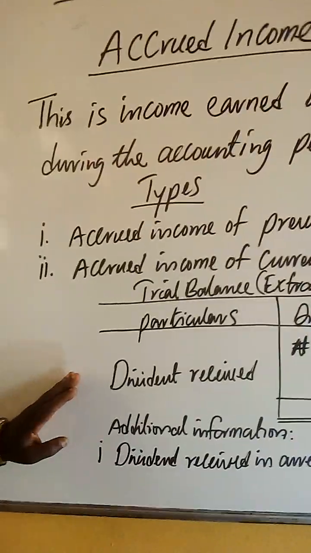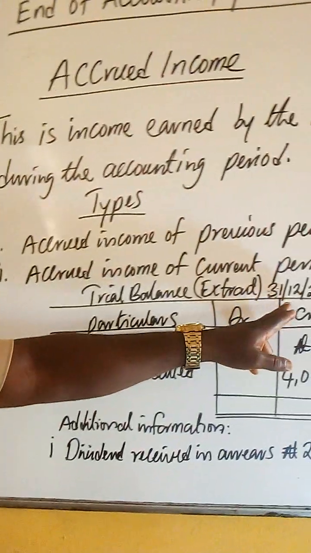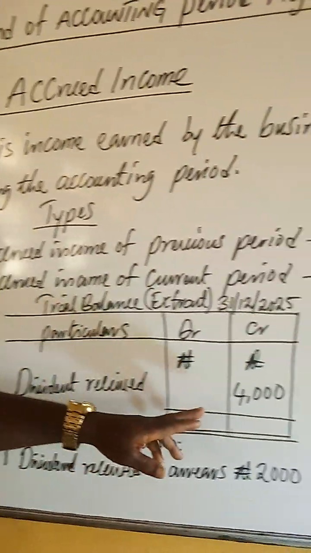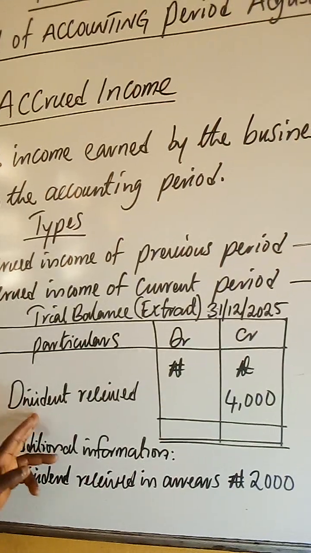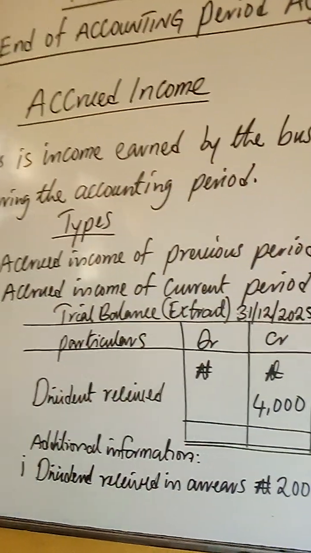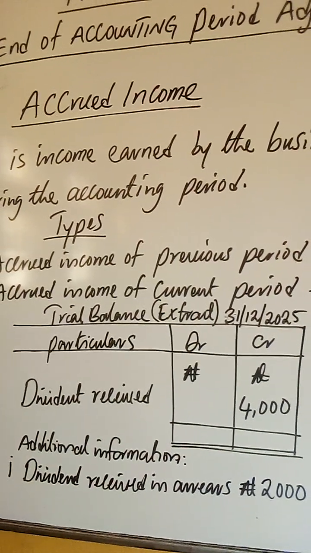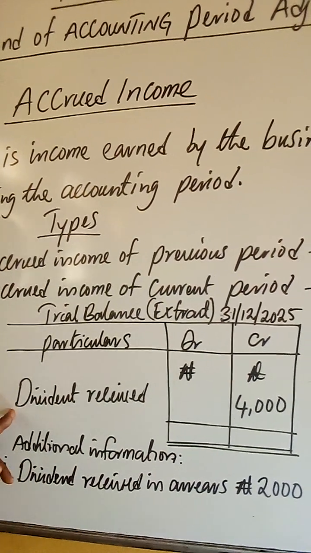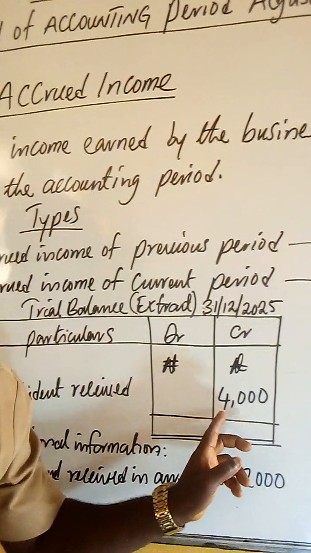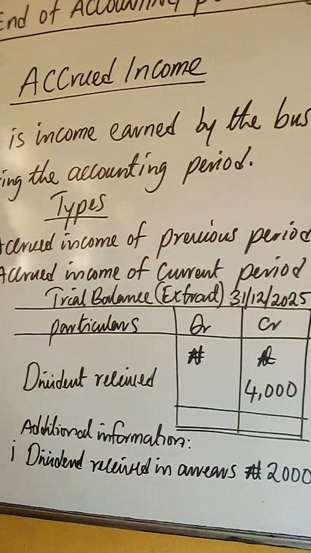So look at this question briefly now. Here we are saying that the previous trial balance, which is on the 31st of 2025, which is an extract, the dividend was, mind you, dividend is an income. All income are credited. These are principles I gave you when I was teaching double entry. So here, dividend received during the period was 4,000. But mind you, it means that it is not all the 4,000 that was supposed to be received.